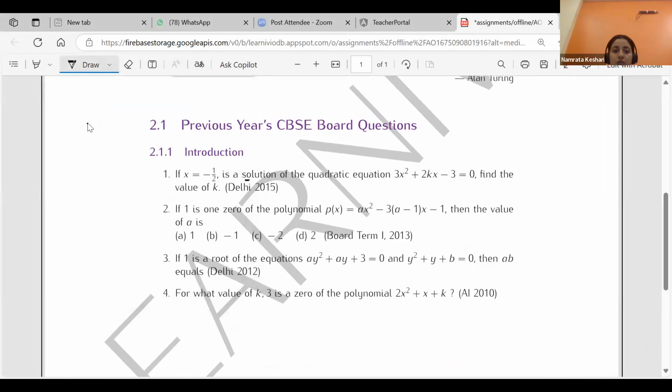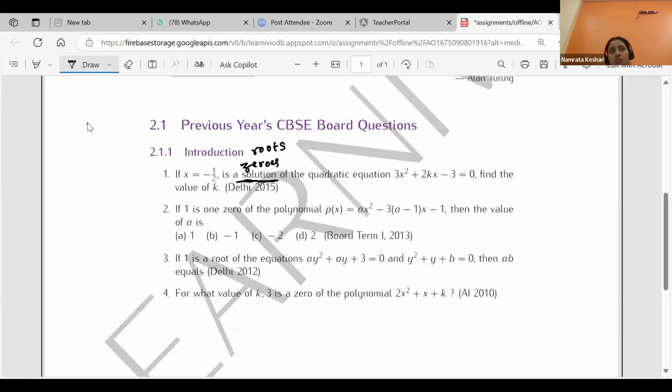The solutions, the zeros, the roots, these are the same terminology. These are synonymous words. So I am repeating: solution, zeros, roots, these are all just the same thing.